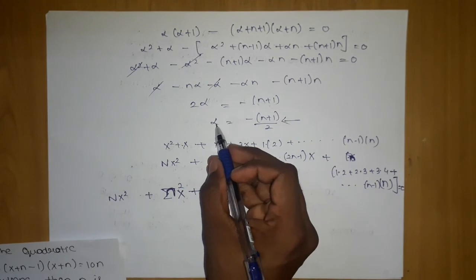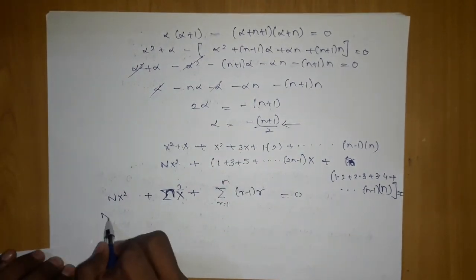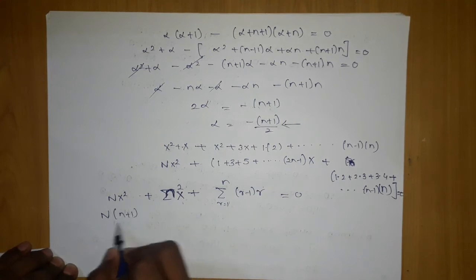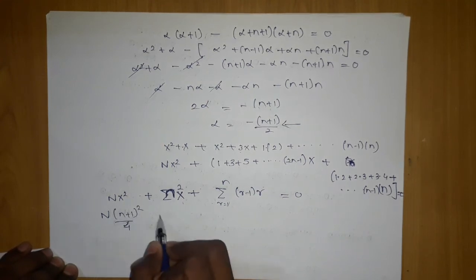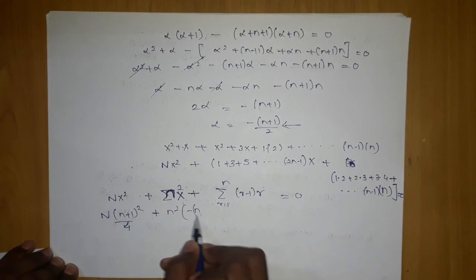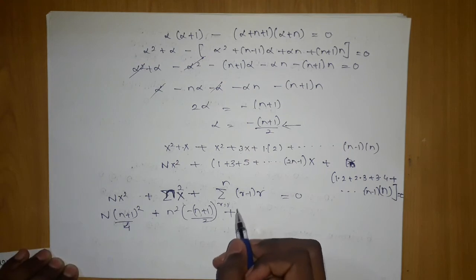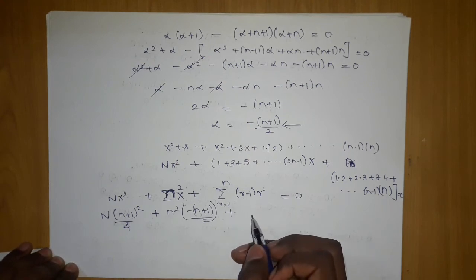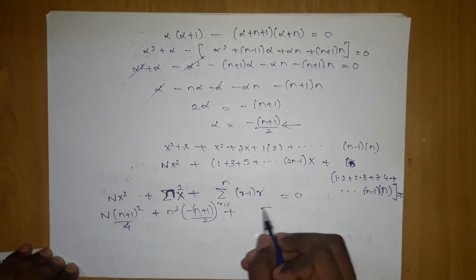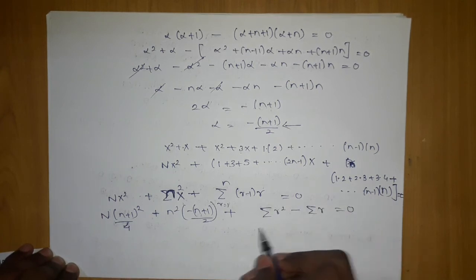Now we have the root alpha, which is minus (n plus 1) by 2, so we will substitute here. The moment I substitute, I have (n plus 1) by 4 the whole square. Here I have n square, here I will have n into (n plus 1) by 2, and the moment I open this, I will be left with summation of r square minus r equal to 0.